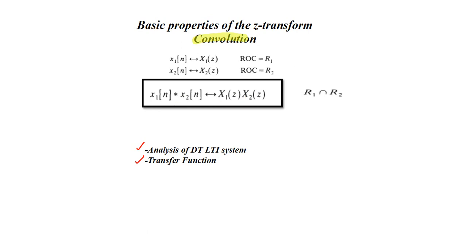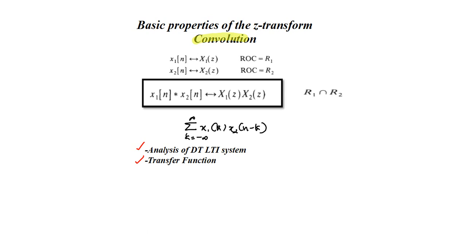The convolution operation of two sequences is defined like this: x1 of n convolution x2 of n can be written as sigma k equal to minus infinity to infinity x1 of k into x2 of n minus k.